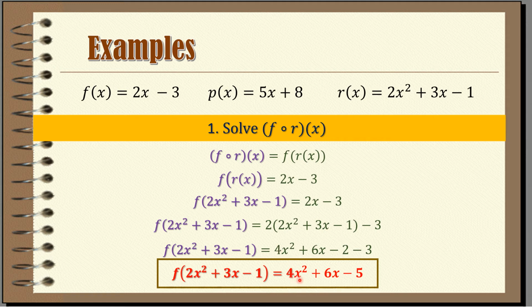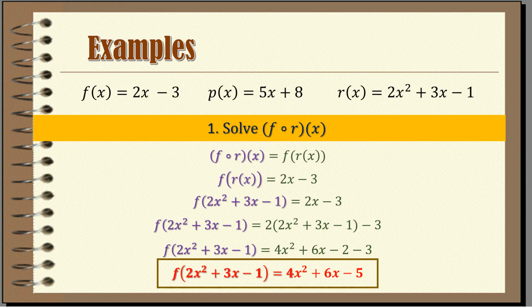Copy them: 4x squared plus 6x. Then we have to combine negative 2 and negative 3. So that is negative 2 minus 3, that is equal to negative 5. And therefore, f circle r of x is equal to 4x squared plus 6x minus 5. So this is now the composition of the functions given in this example. Okay, that is the answer for what is being asked.